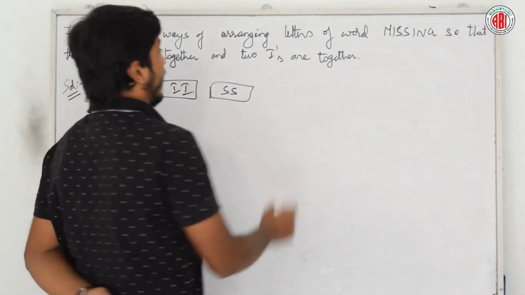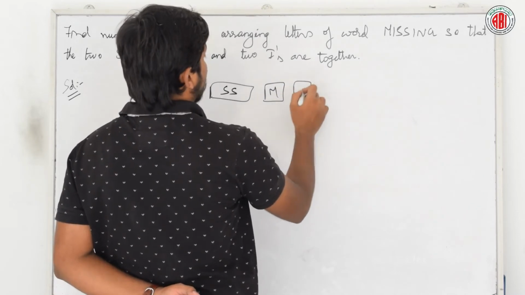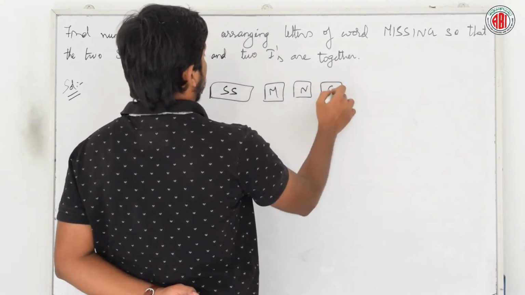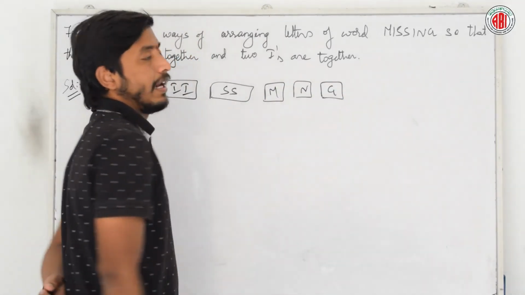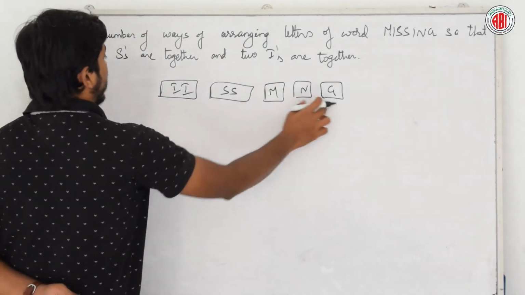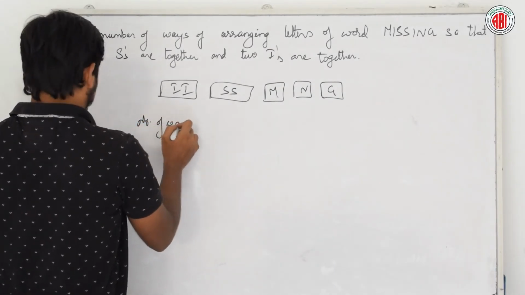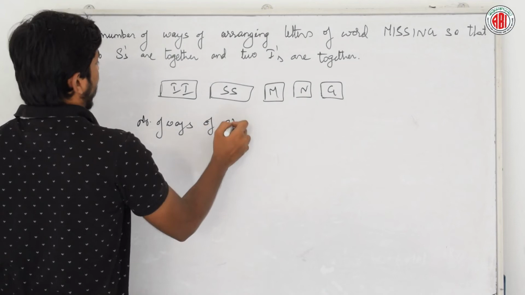Okay. And the next for M, and the next N and the next G are separate. Yes. So what is the total arrangement now? Number of ways of arranging.